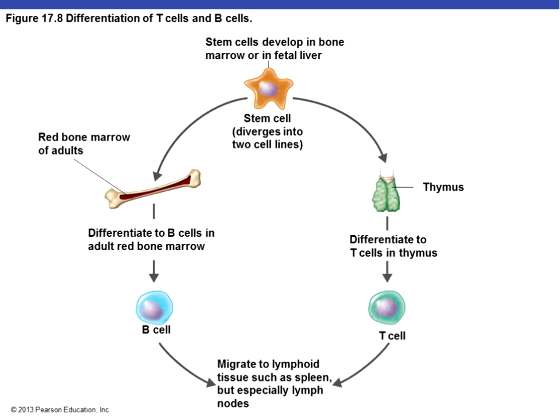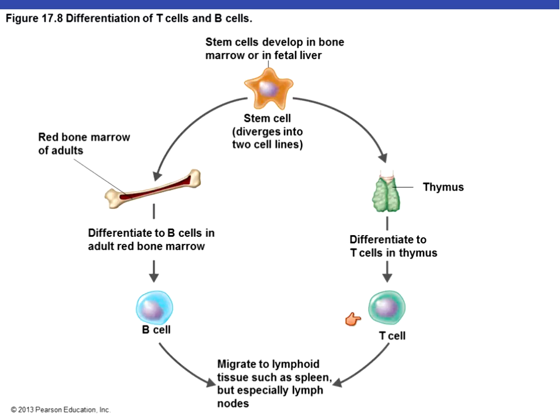So we basically are talking about one type of cell that differentiates into two different classes of cells called T cells and B cells. B cells differentiate in the bone marrow, and the T cells differentiate in the thymus gland. The B cells are responsible for the production of antibodies, and those are made from plasma cells, and the T cells are responsible for what we call cellular-mediated immunity.